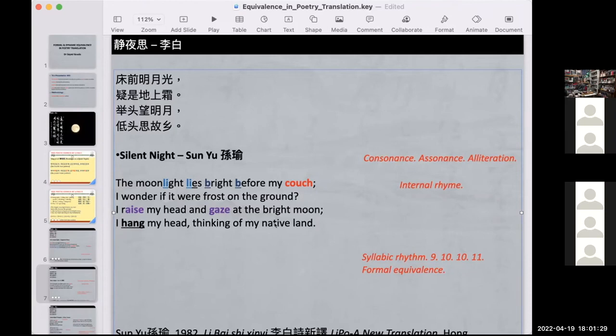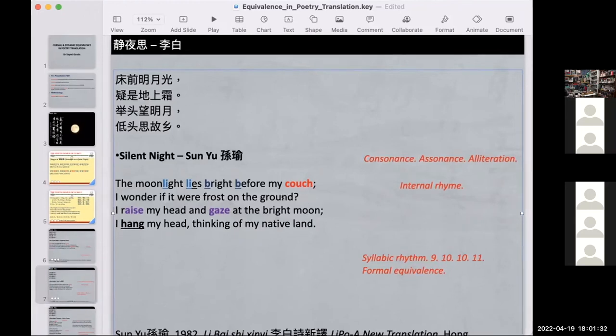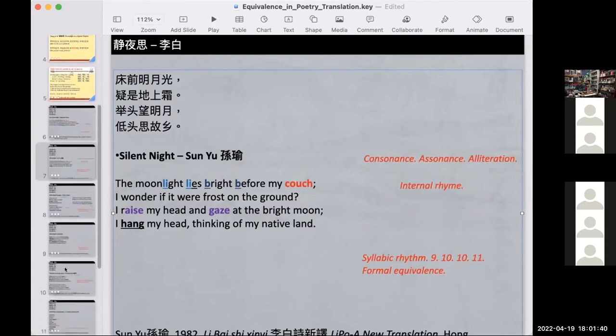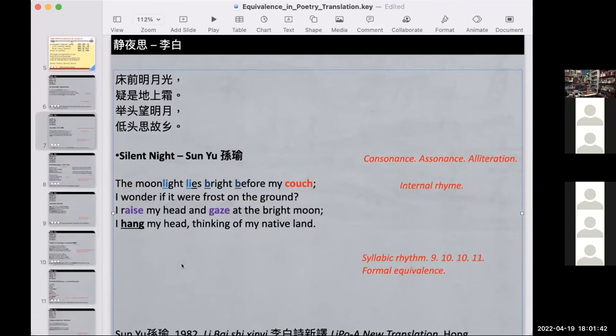Thinking of my native land. Couch, ground, moon, land. There is no end rhyme, but he did his best to include some musicality within the lines. Not bad. So I would say this is a syllabic rhythm.